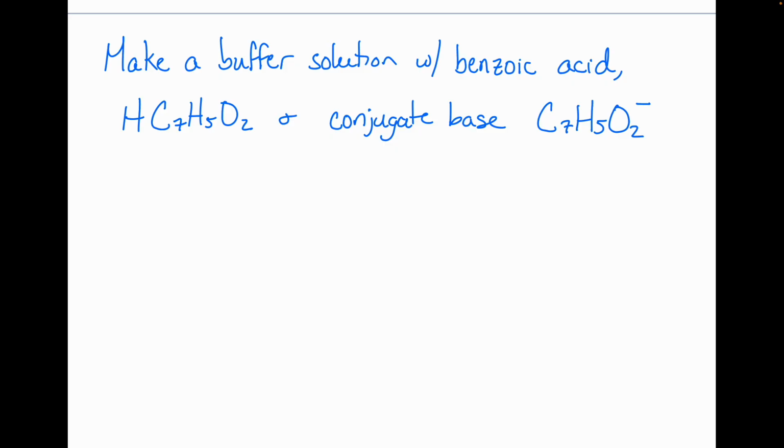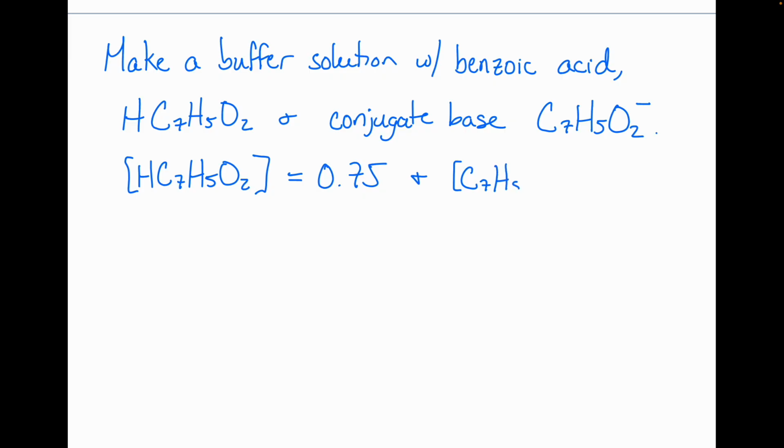All right, so we're going to mix these two things together. We're going to make our benzoic acid concentration equal to 0.75 molar and our conjugate base concentration equal to 0.5 molar.